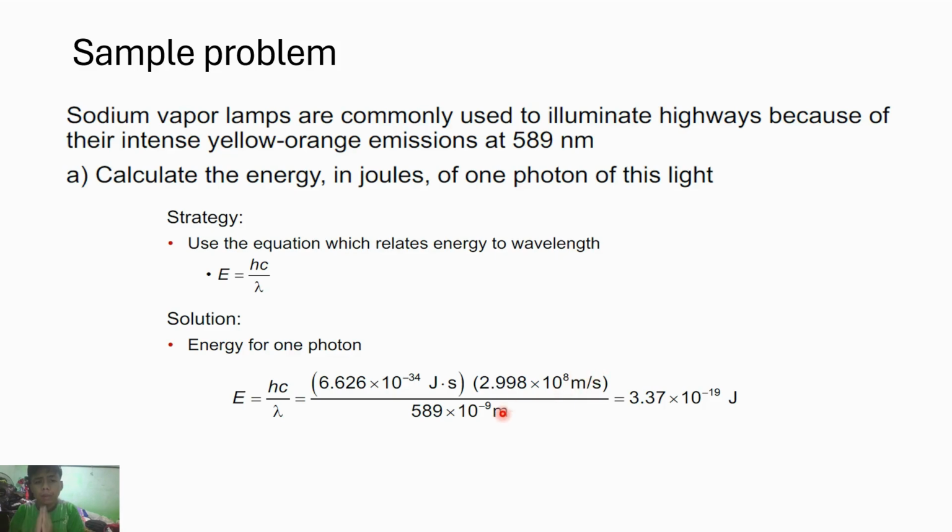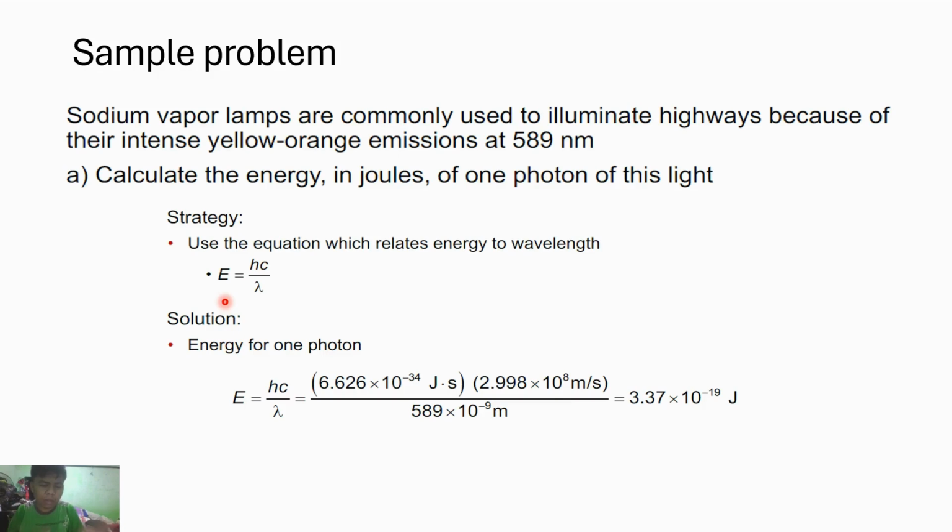Sorry guys if I'm speeding up our lessons, because this is not the main point of my discussion, but I'm showing it to you because you might use this in your physical chemistry. So we convert 589 nanometers into meters, and this is very easy. We are given our wavelength, so we should use this formula instead of E = hν.